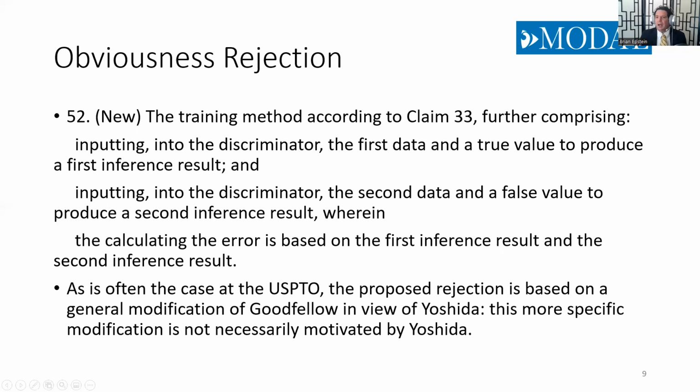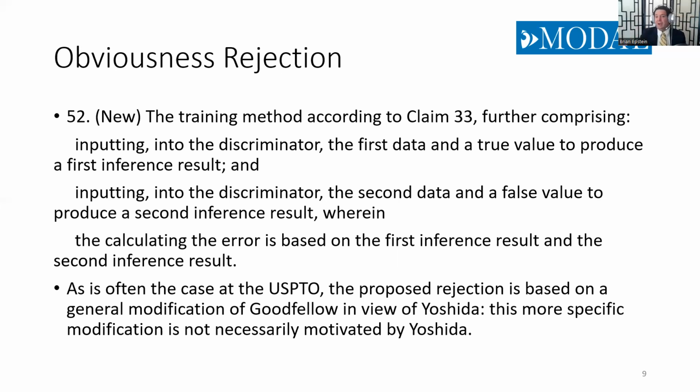It doesn't say a whole lot. But as is often the case at the USPTO, the proposed rejection is based on a general modification of Goodfellow in view of Yoshida. It's not a nuanced one where we're making very specific connections. It's just like, here's the Goodfellow GAN, here's the Yoshida spectral normalization, and we're just kind of sticking them together somehow.